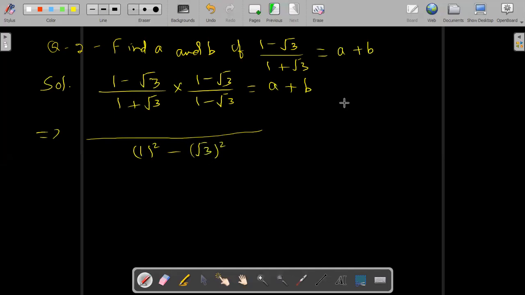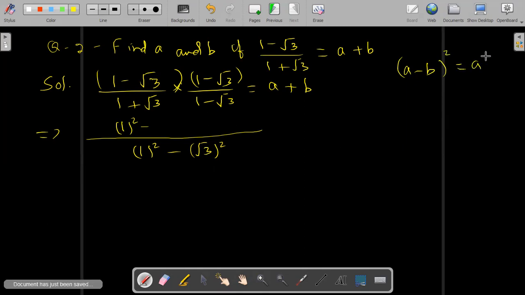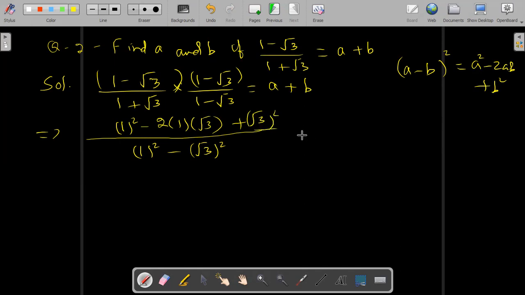So always write the formula and apply the formula. Here the numerator will become a whole square, so I will use the whole square formula. A minus b whole square is equal to a square minus 2ab plus b square. That's why minus 2, a is 1 into b is root 3, plus root 3 square, is equal to a plus b. Right hand side is as it is. Now solve this.